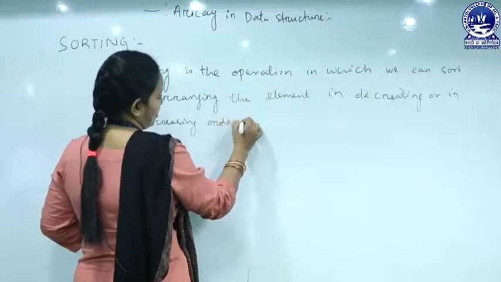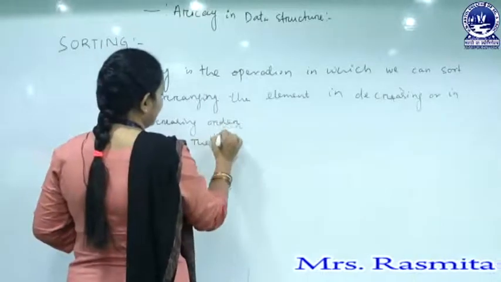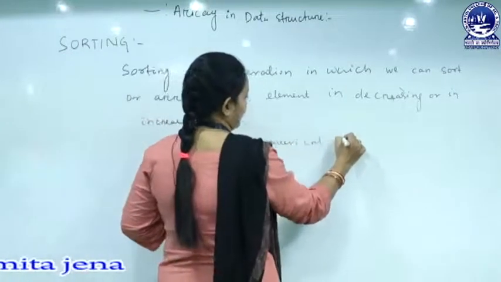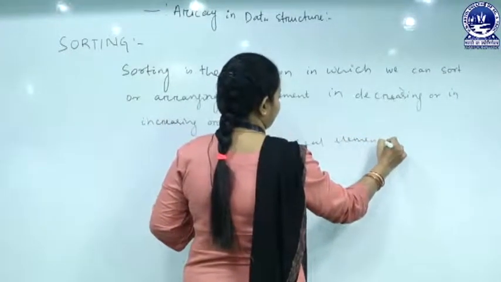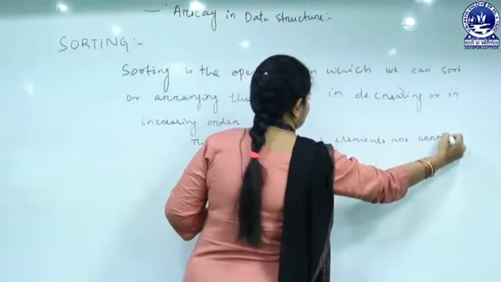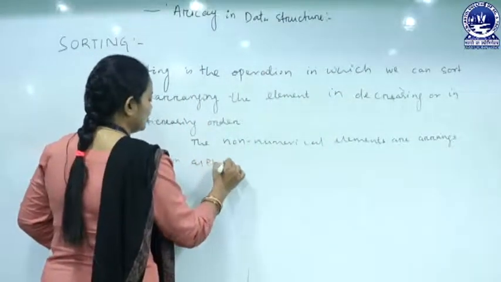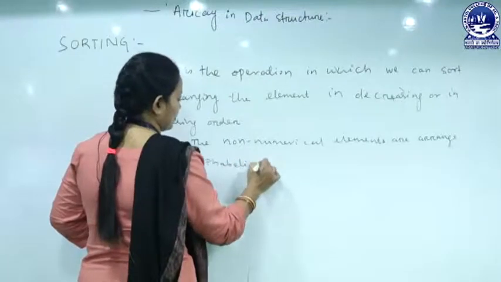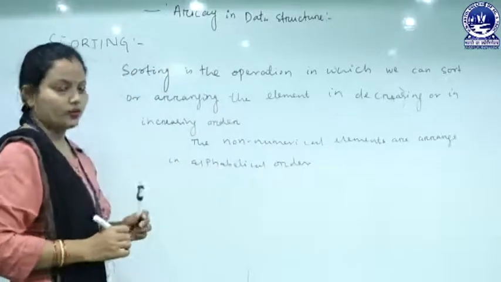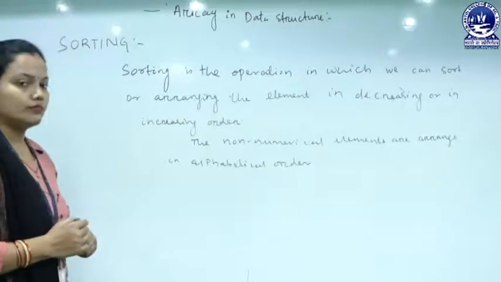And the non-numerical elements are arranged in alphabetical order. Okay, that is sorting.